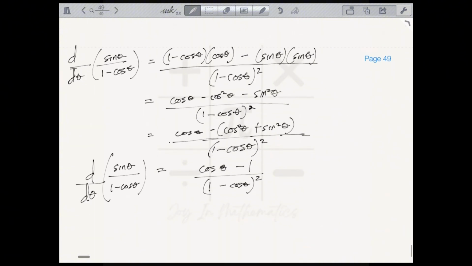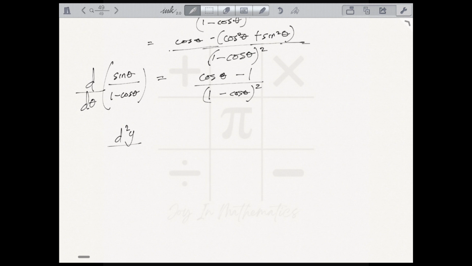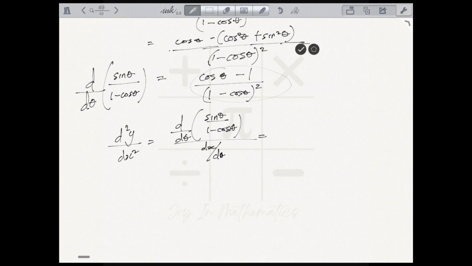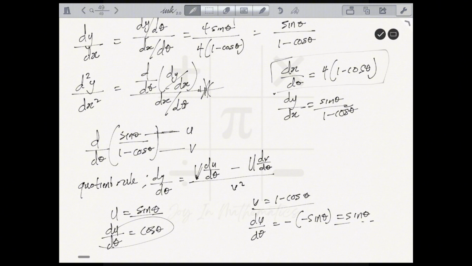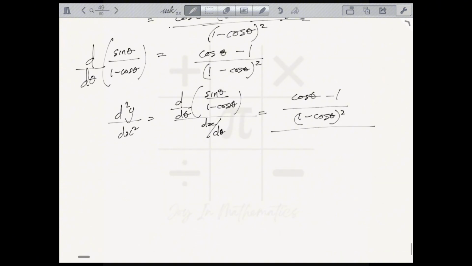We understand that d²y/dx² is d/dθ of dy/dx, which is sin θ over 1 minus cos θ, divided by dx/dθ, and the numerator is given by this expression, that's (cos θ minus 1) over (1 minus cos θ) squared, everything divided by dx/dθ, and we can see that dx/dθ is 4 into 1 minus cos θ.